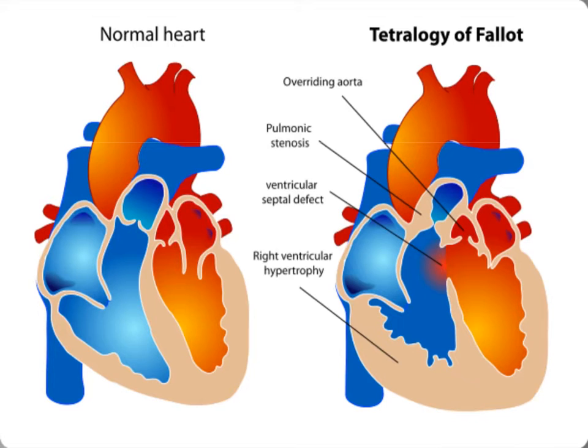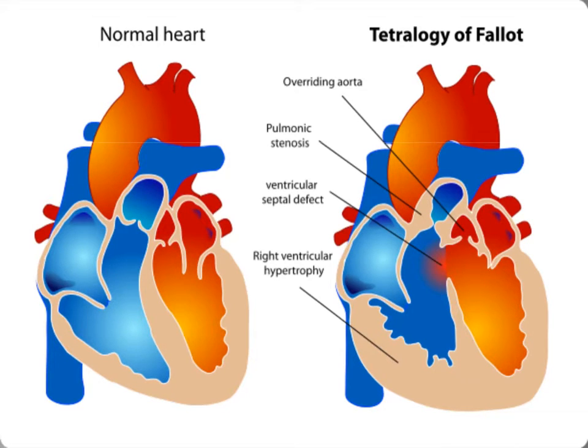So here's a picture of a normal heart and a picture of tetralogy of Fallot. Okay. Your book doesn't have the greatest picture of the overriding aorta, but it's better than the one that I have here. So you may want to pop open the book pictures as well.